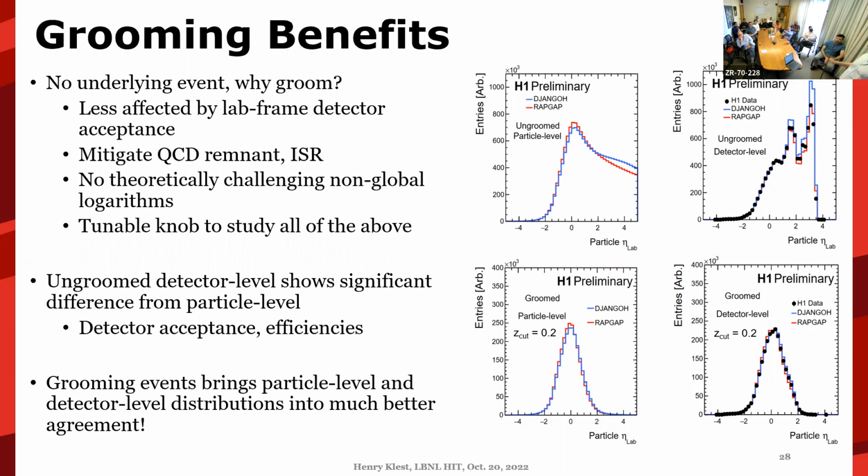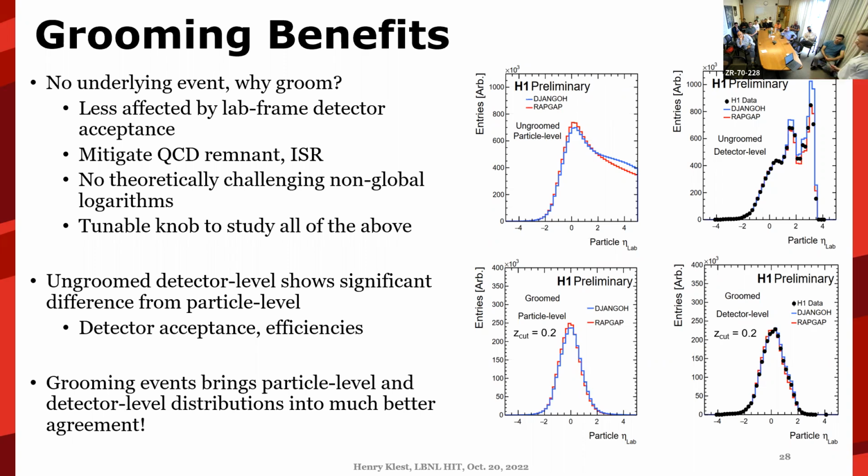And on the top two plots are the ungroomed particle level distribution. You can see this huge tail that goes off the screen even, of particles that just straight up left the detector acceptance. Our detector acceptance only goes up to eta of around 3.5. So we just lose all of those particles.